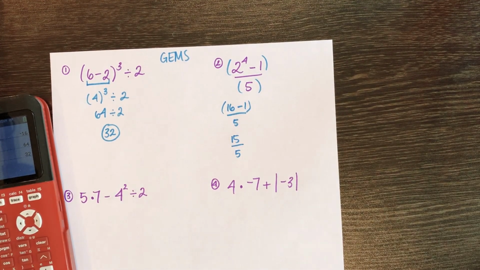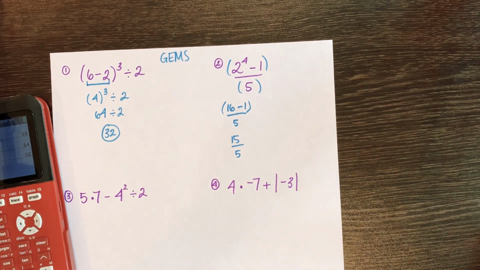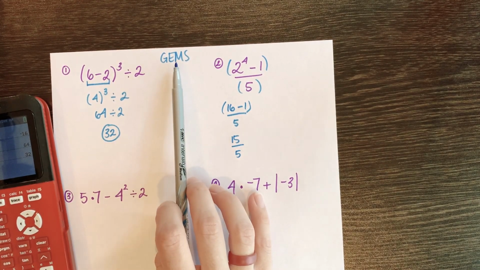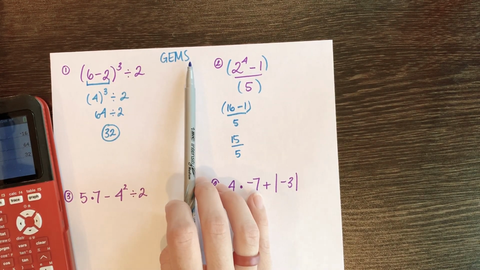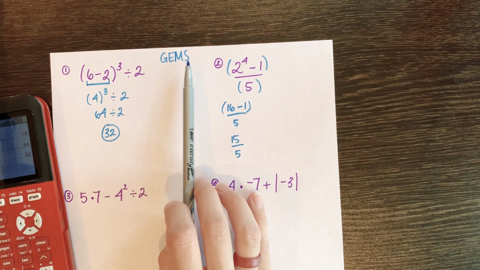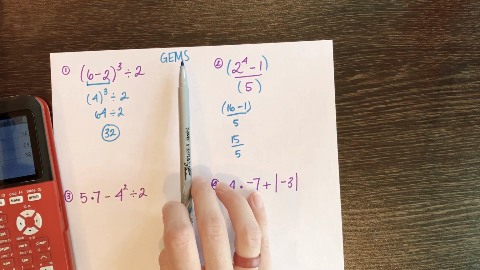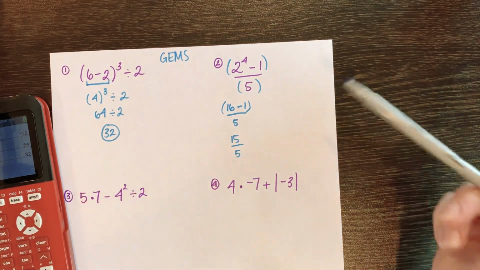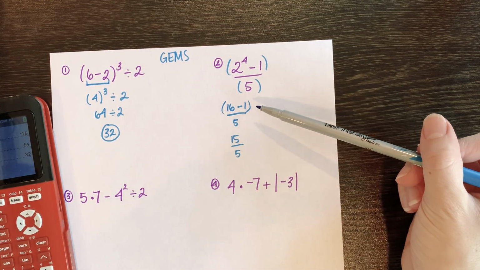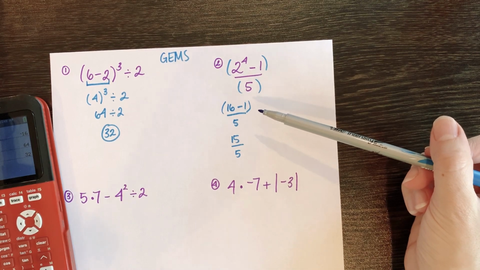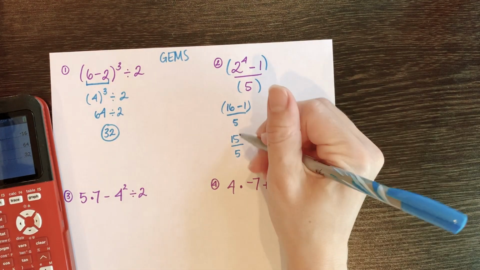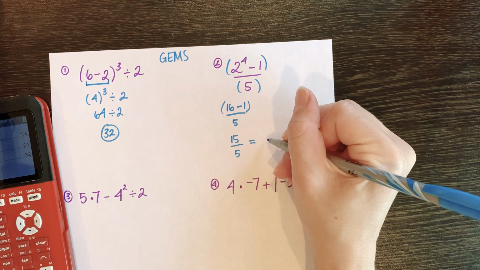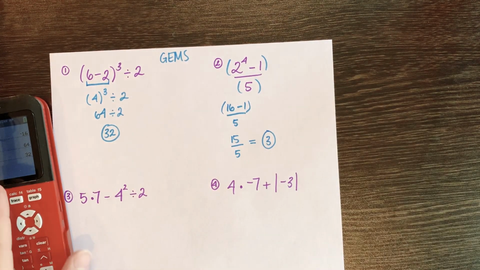And that confuses students, right? Because they say, but wait a second, you told me to do multiplication and division before subtraction. I'm not doing subtraction before multiplication and division. I'm doing G before everything else. So simplifying that numerator is doing the G in your GEMS, your grouping symbols. Now all I have left is division, so my answer is 3.